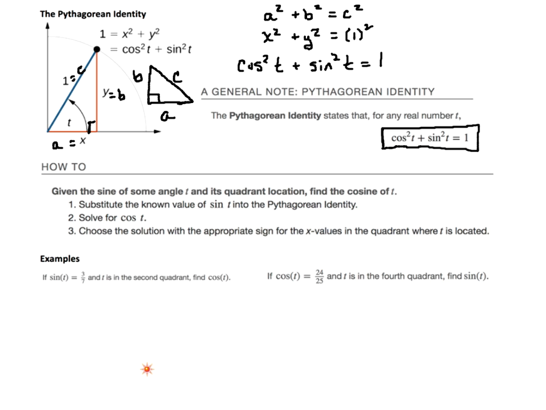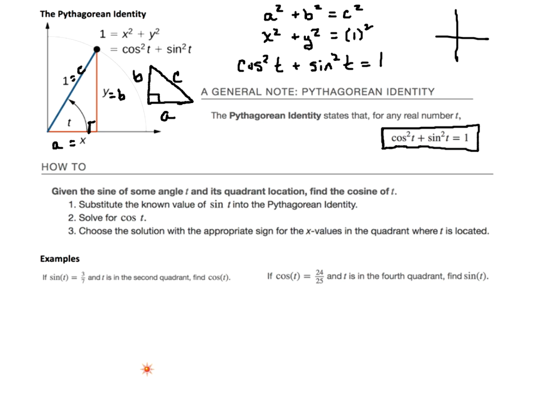All right, so what are we going to do with this? Well, if you are given the sine of some angle t and its quadrant location, remember the quadrant is going to change the sign, not sign as in trig function sine, but sign as in positive or negative.